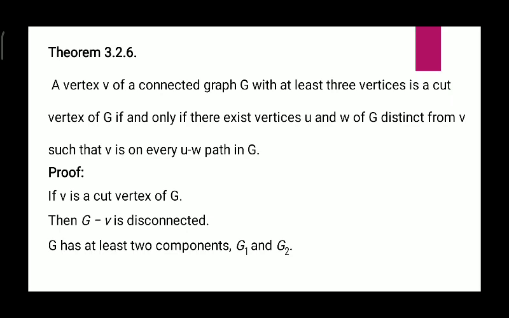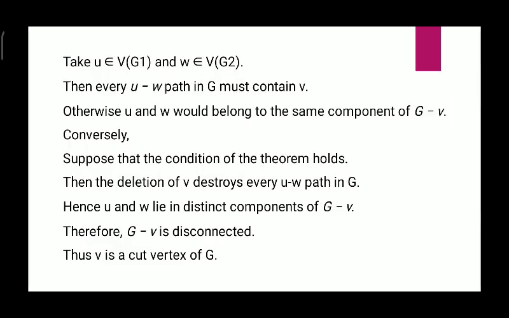Okay. So see the proof now. Suppose I assume V is a cut vertex of G. What is called a cut vertex? If I remove a vertex from G and the graph becomes disconnected, then that vertex is known as a cut vertex. Here I assume that V is a cut vertex. Definitely G minus V is disconnected. Therefore, G minus V disconnected means it has more than one component, say G1 and G2. Take U belonging to V of G1 and W belonging to V of G2.